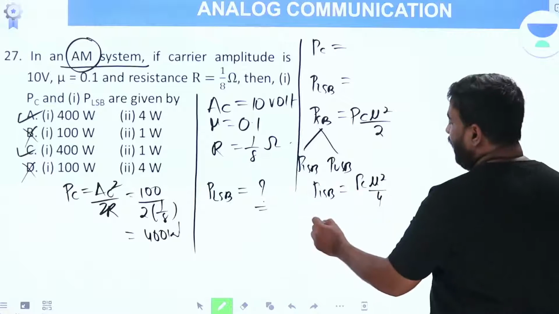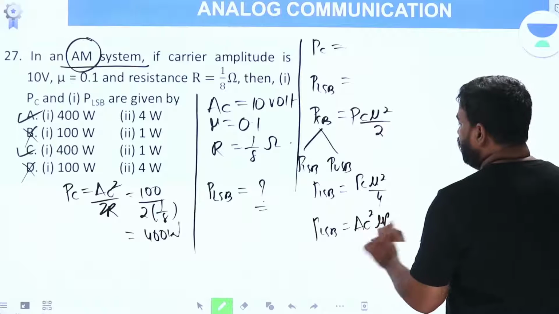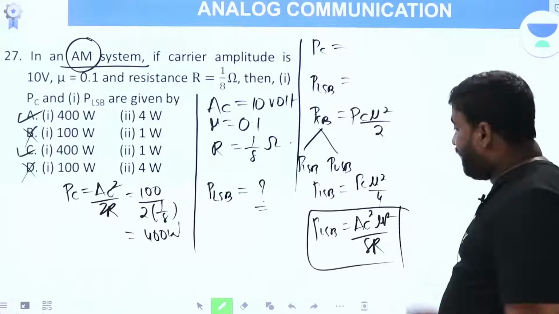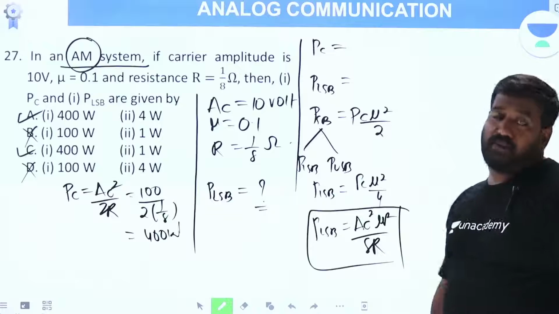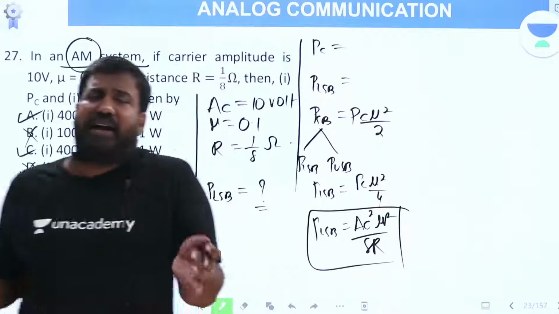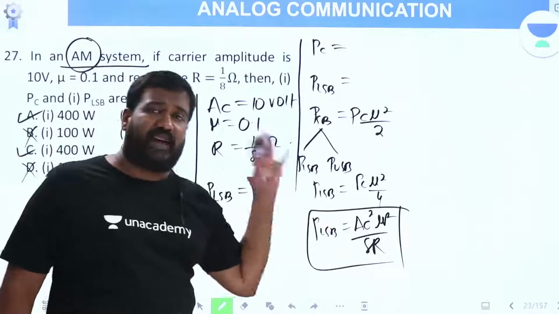Pc is Ac square by 2R, therefore lower sideband power is Ac square mu square by 8R. Upper sideband power is also Ac square mu square by 8R. Total sideband power is Ac square mu square by 4R, double of this. So you need not memorize any formula; everything can be derived then and there.